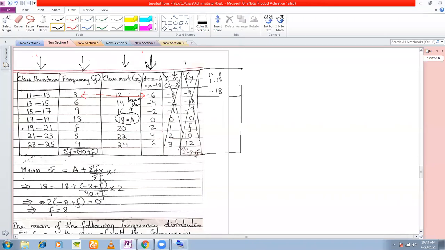Next one is 6 into minus 4, minus 24. These two will again give you 6 into minus 4, which is minus 24. Next, 9 into minus 2 will give you minus 18.